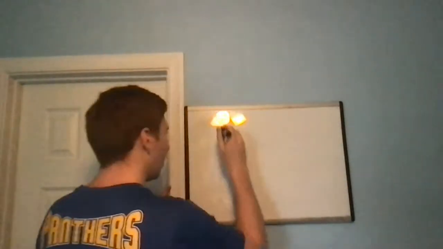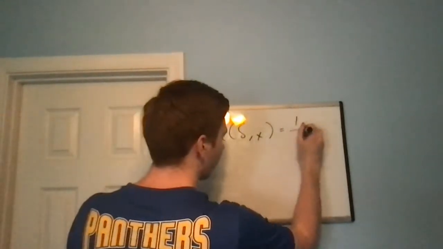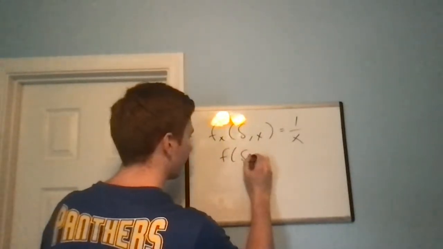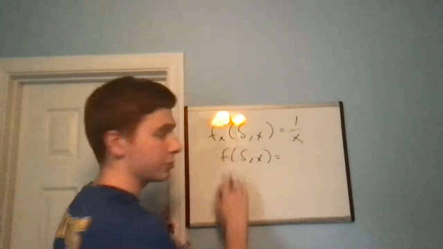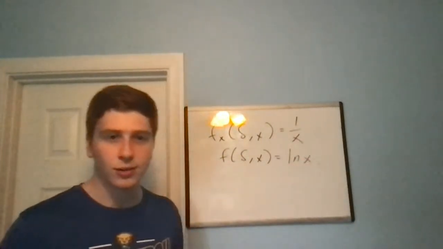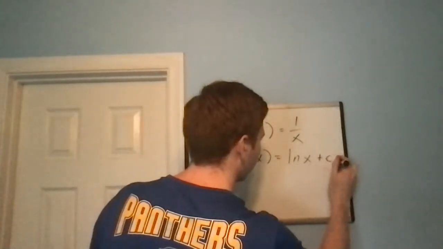So that means that if f sub x of delta comma x equals 1 over x, then f of delta comma x, let's integrate with respect to x, is ln x, right? Wrong. Don't forget the plus c, okay?